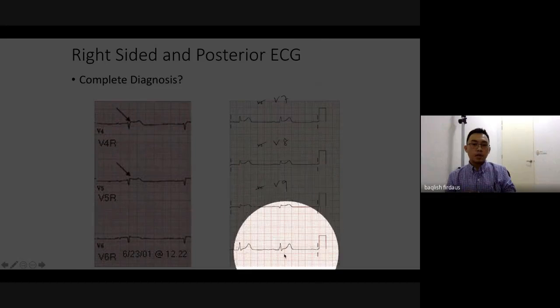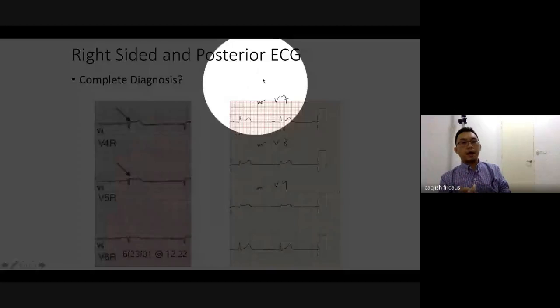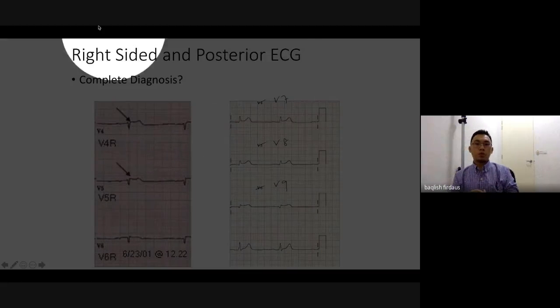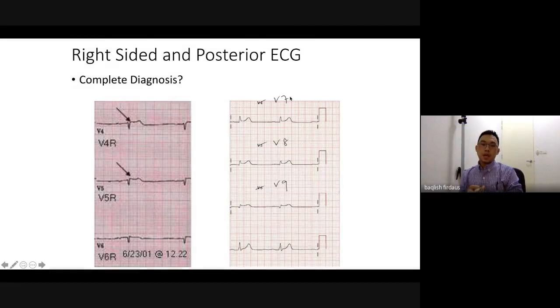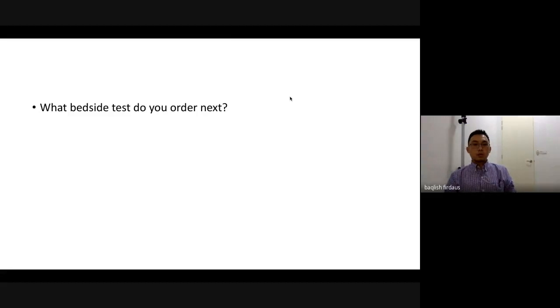Look for any ST elevation. So the complete diagnosis for this patient is inferior posterior MI with RV involvement. That's how you interpret an ECG with ST elevation in the inferior leads, right-sided leads, and posterior leads: inferior posterior MI with RV involvement.